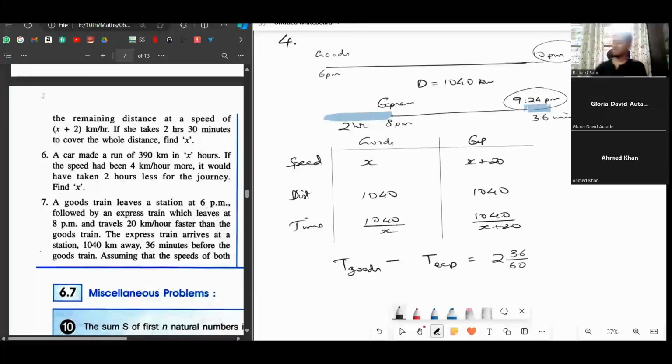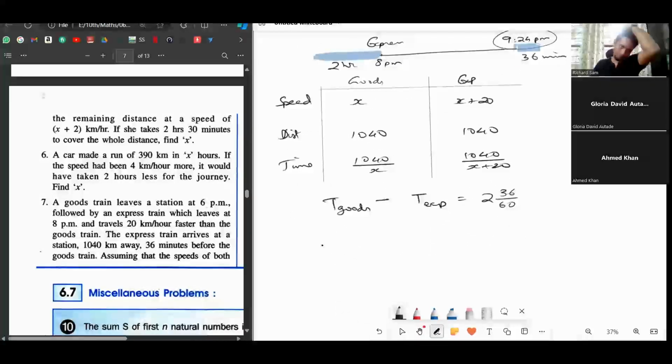Okay. Anyone has any doubt? Check with the others if you got the same quadratic equation. Did you all get a quadratic equation? 1040 upon x.